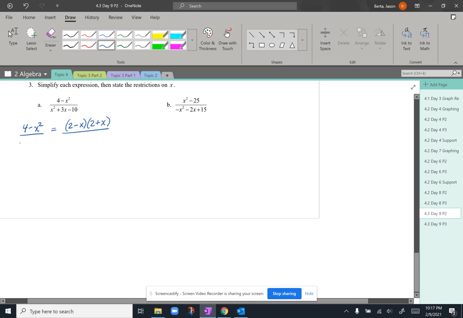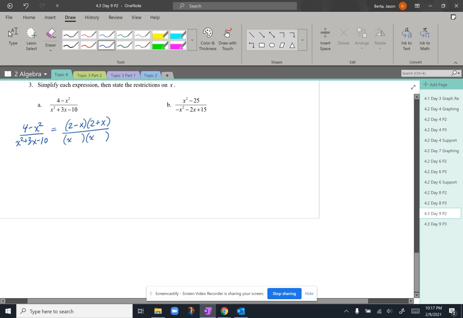And then as for the denominator, x squared plus 3x minus 10, I'm going to use the sum product strategy to try and figure out factoring this quadratic. So I know that 10 can be multiplied by 10 and 1. It can also be multiplied by 5 and 2.